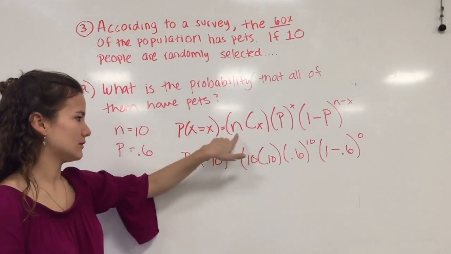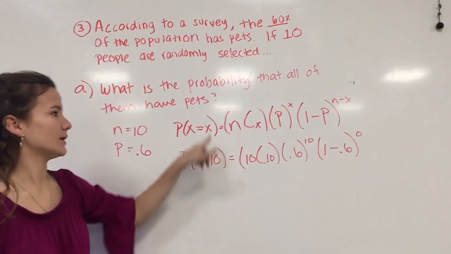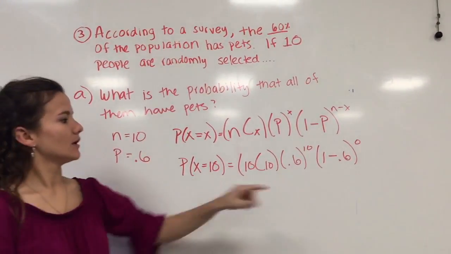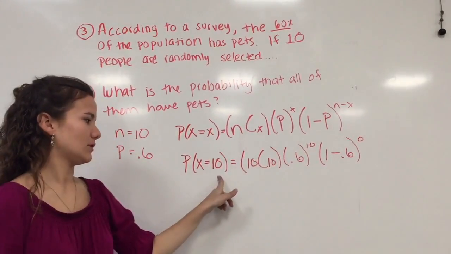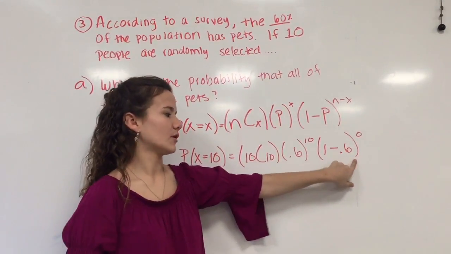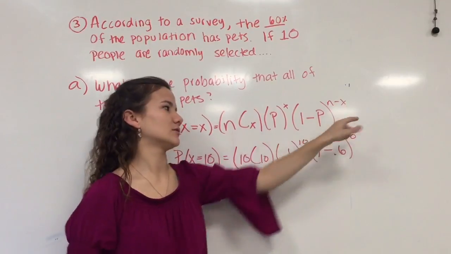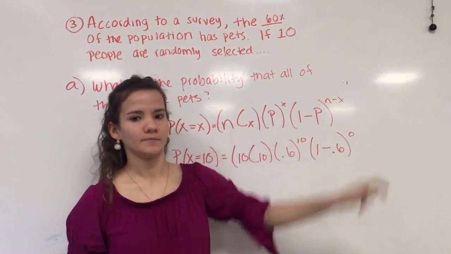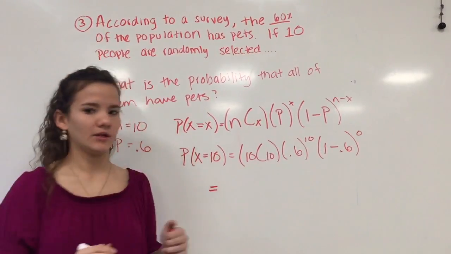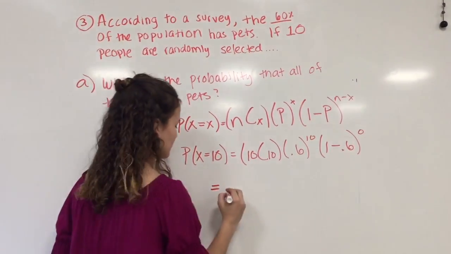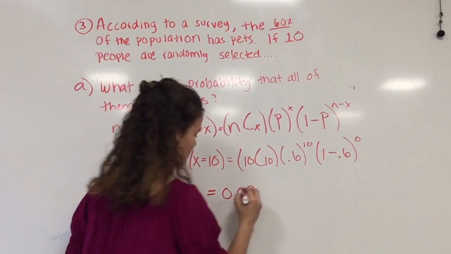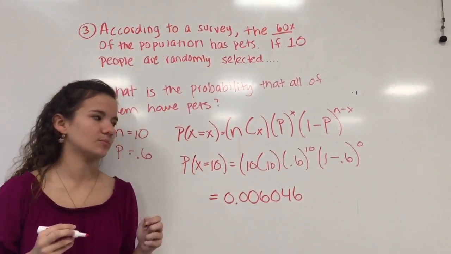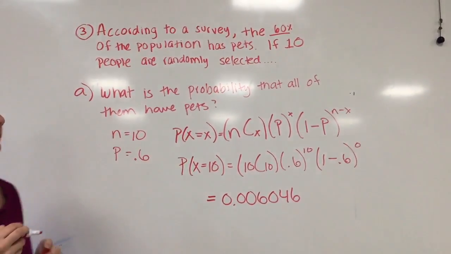So 10C10, where 10 is the sample, x is the number of people that have pets, p is the probability, which is 0.6, to the power of x, which is 10, and then 1 minus the probability, 0.6, to the power of n minus x, and since both n and x are 10, it will be to the power of 0. When we put all of this in the calculator, 0.006046 is the probability that all of them have pets.